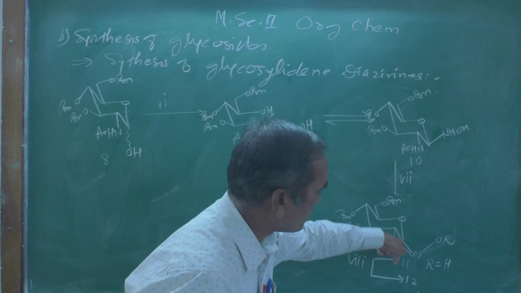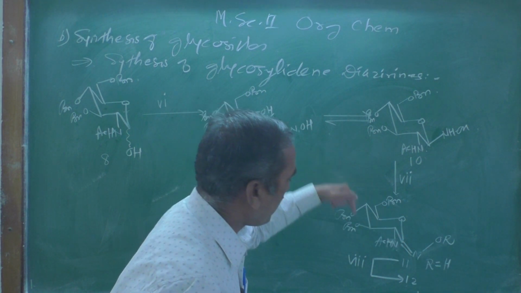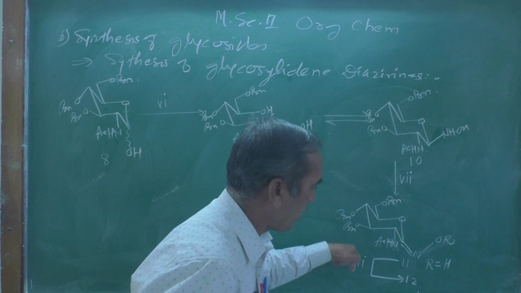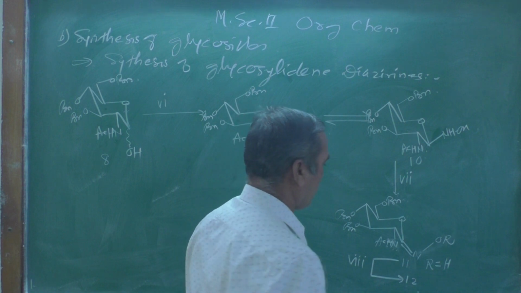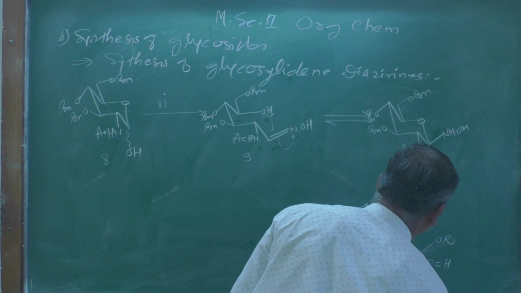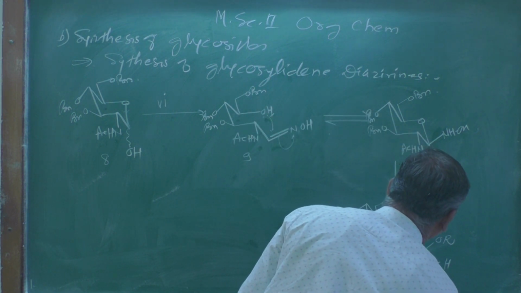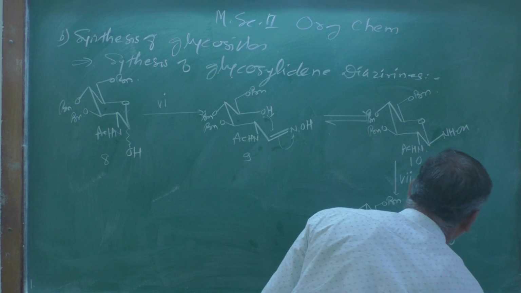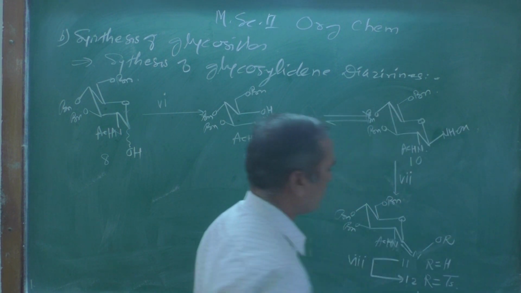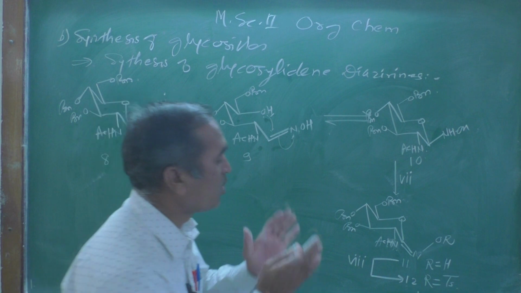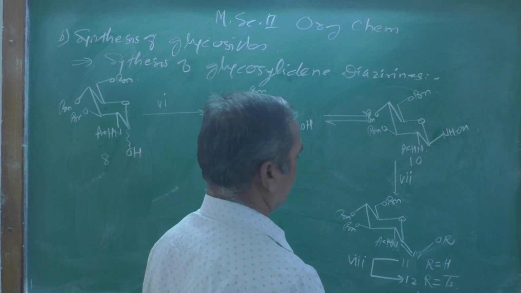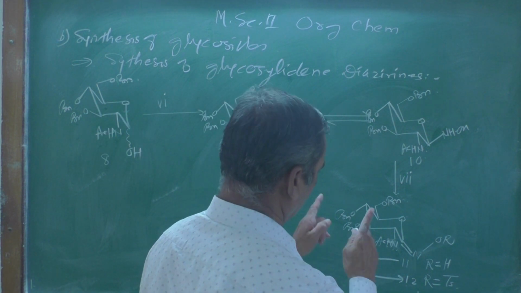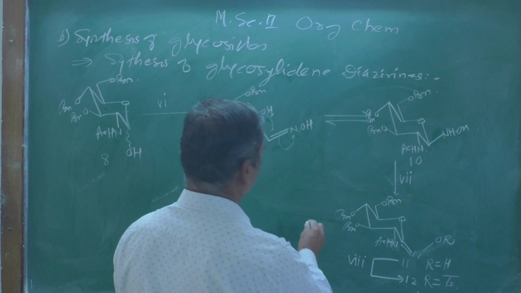When structure number 11 is treated with reagent 8, we will get structure number 12, where R is nothing but Ts. Ts means tosyl group, and that is the structure we have learned there.